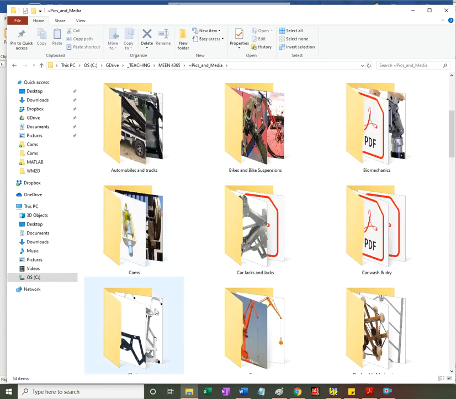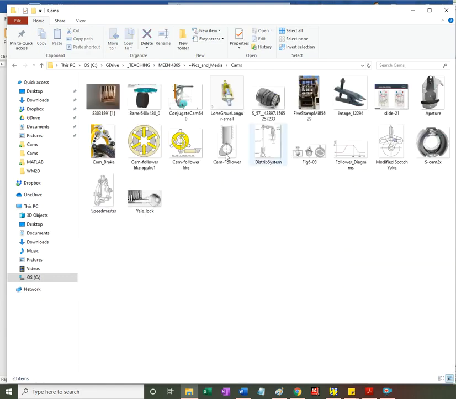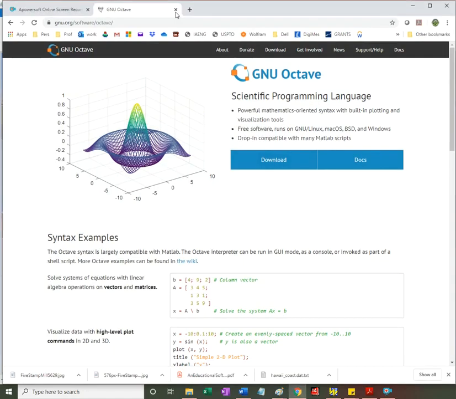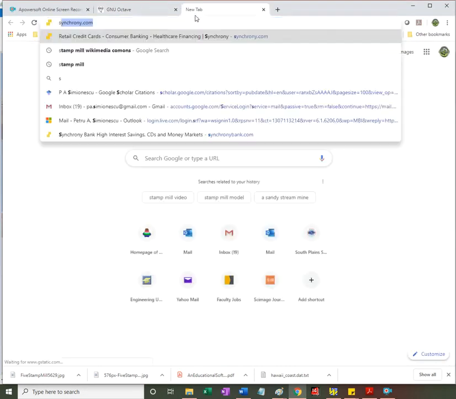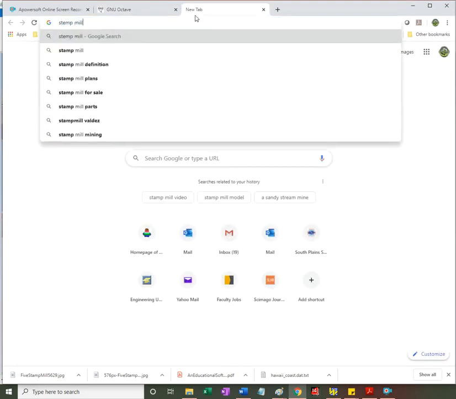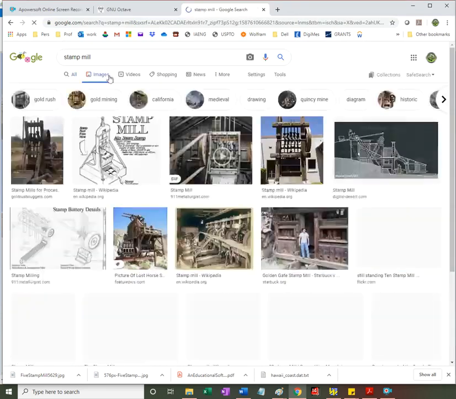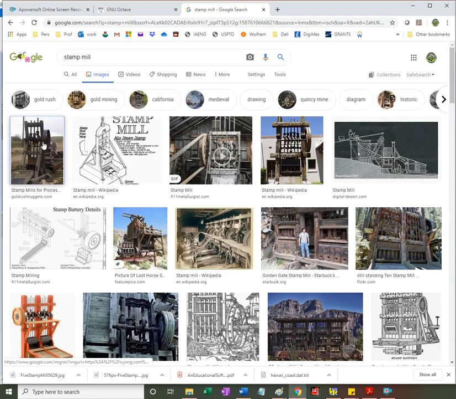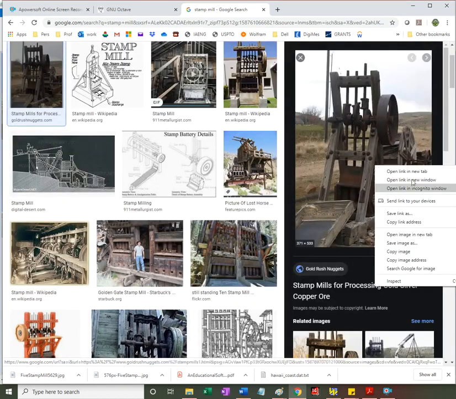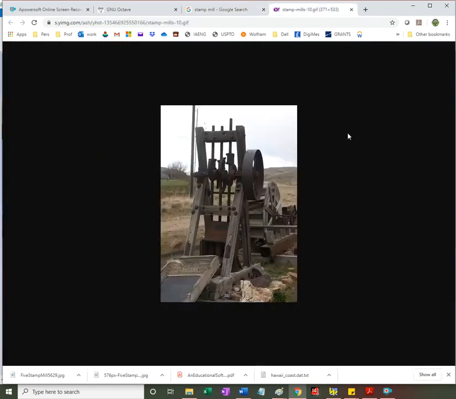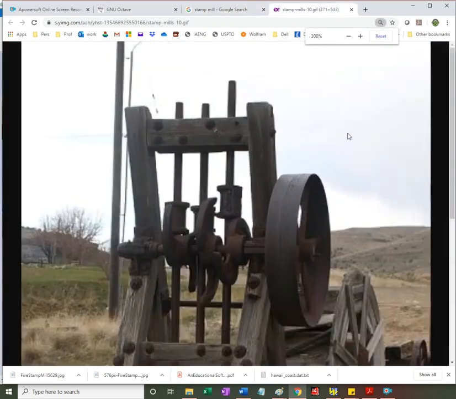So we're going back, and here it is not quite obvious, but if we look at other stamp mills, then you would see maybe this one. Let me open a new tab, and I can make it bigger. So you can see how the cams look.